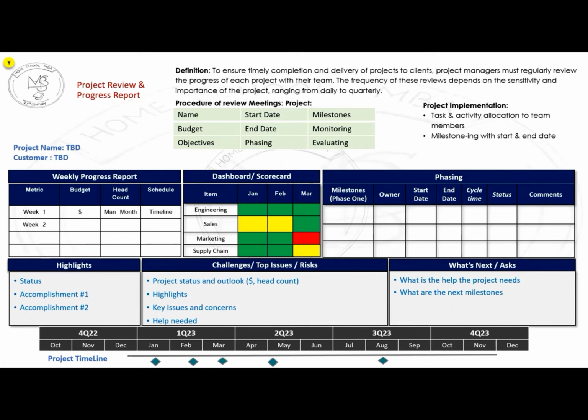You have to inform the project team members, those who are performing different tasks and activities, what you would like to review in a particular meeting. Will you review the financial side of the project, or will you review the progress in general, or any other particular area that, as a manager, you would like to review?